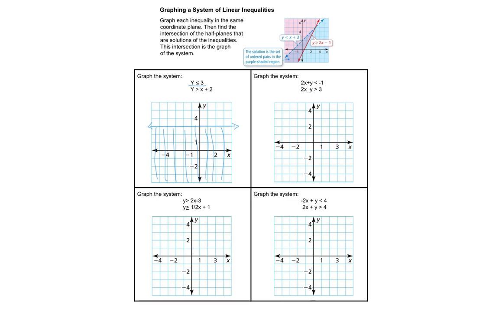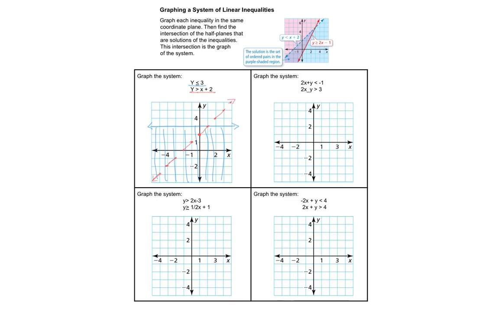Okay. All right, let's use red and we're going to graph this. My y-intercept is 2 and my slope is 1. So we're going to use a slope of 1 over 1, rise over run, right? And it's a dashed line. So we're going to graph that.